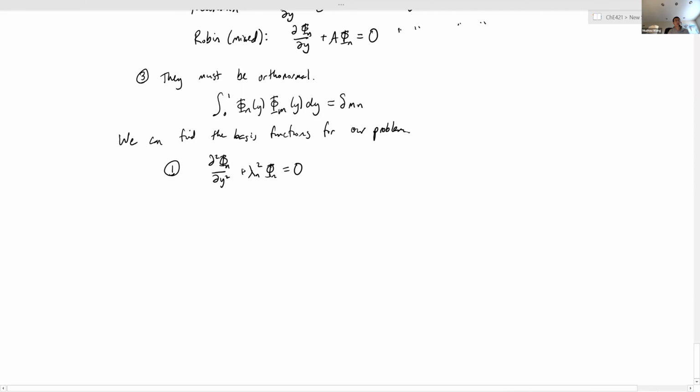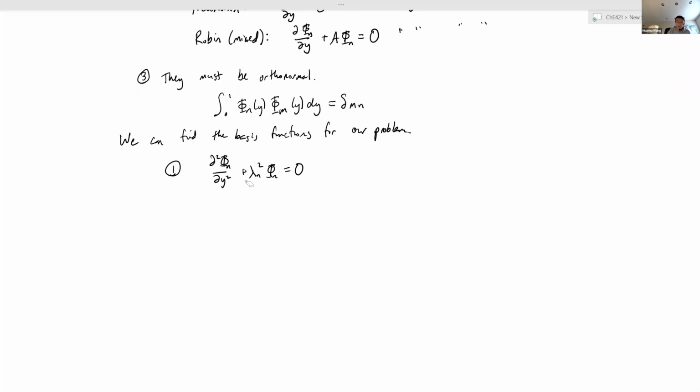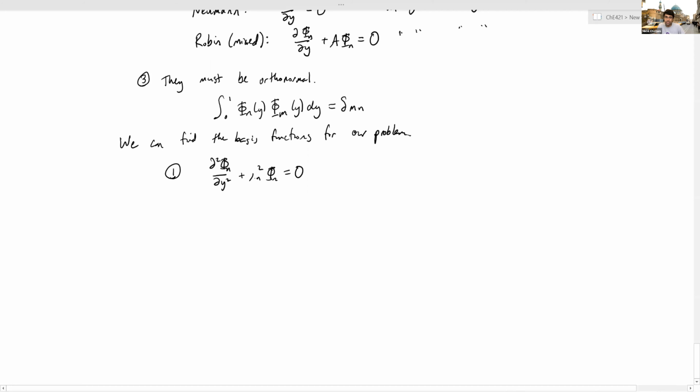Does anyone know what the solution to this differential equation is, just off the top of their head? It's a plane wave like combination. You can just say sines and cosines, right?